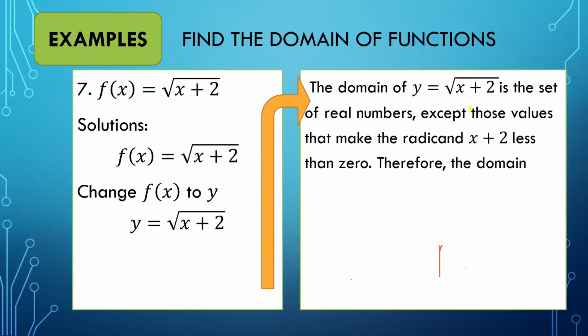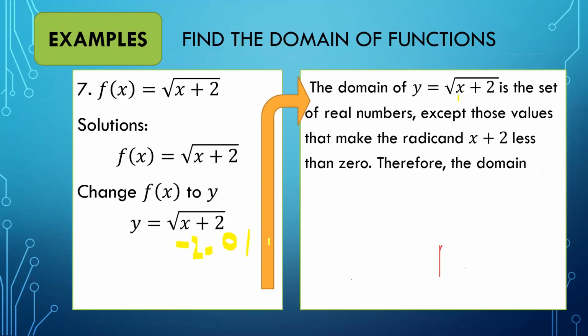So here, what number will give us a negative answer? Obviously, negative 2.01 or negative 2.001 will give us a negative radicand.